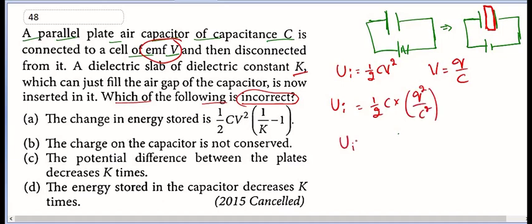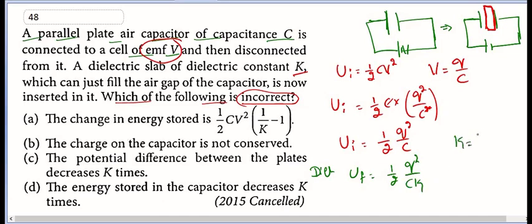So the initial energy is 1 by 2 Q square divided by C, as one C gets cancelled. Then you come to the point of the dielectric. When the dielectric is introduced, the final energy is equal to 1 by 2 Q square divided by C into K.